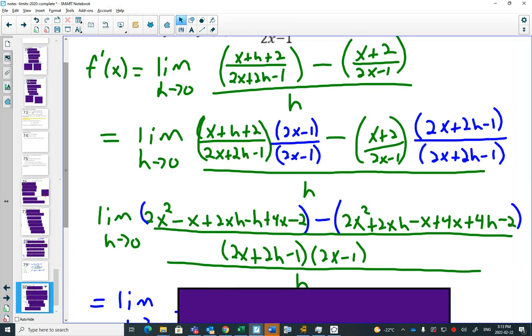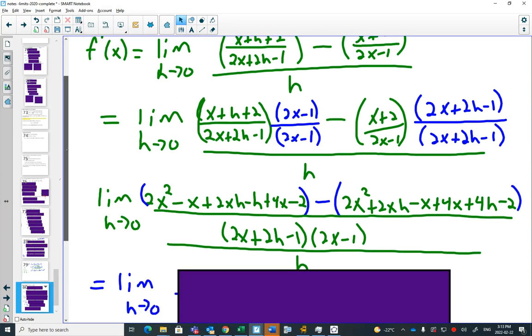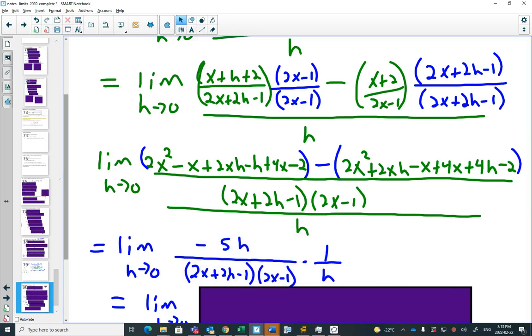So the crazy thing about this one is just the sheer amount of algebra that you're dealing with. And then once you have the top as a single fraction and you combine your like terms, you can think of this as h over 1 in your denominator, and a fraction divided by a fraction is the same as multiplying by the reciprocal, and your h's simplify.